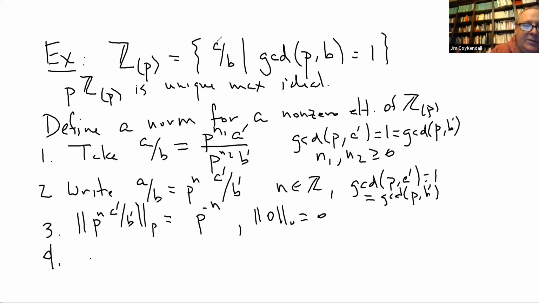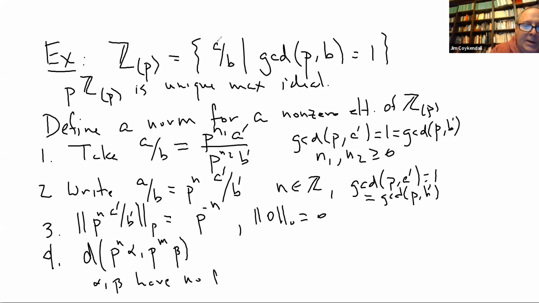And we can define the distance between alpha, beta, which have no factor of P in the numerator or denominator.